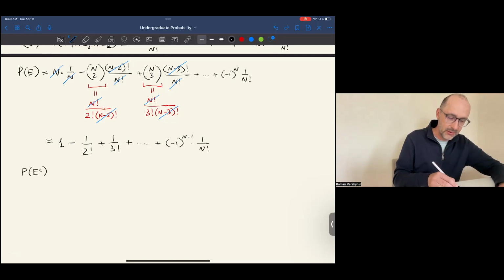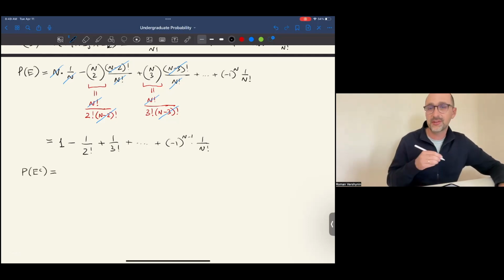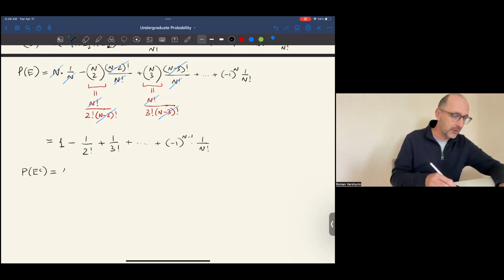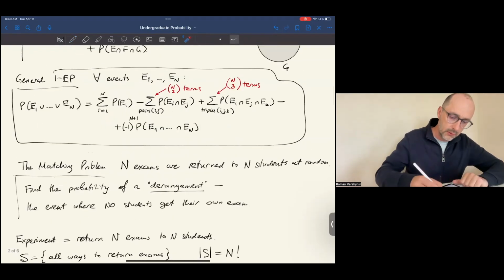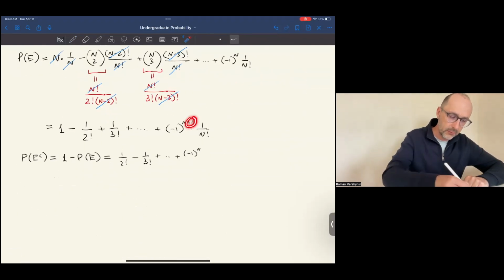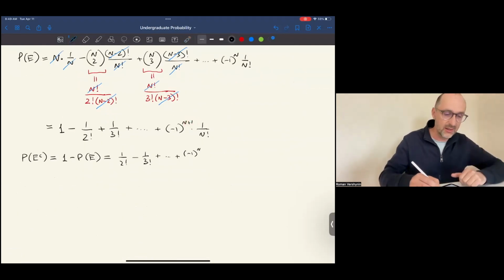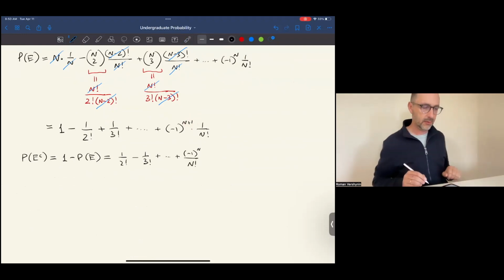The original probability, the probability of a derangement, that no one has their own exam, is 1 minus this sum, and that is 1 over 2! minus 1 over 3! plus 1 over 4!, and so on. And the last term flips the sign. So instead of writing n plus 1 up here, just write n. That flips the sign, divided by n!.